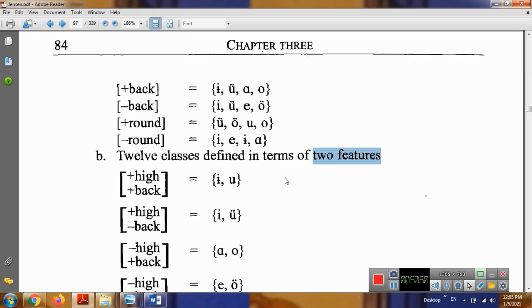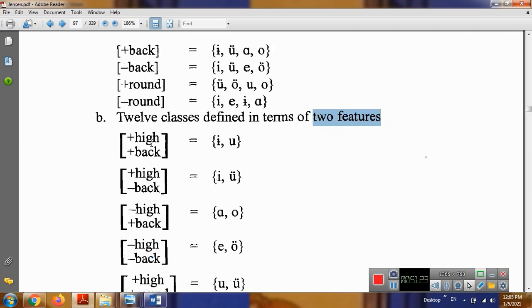In the definition of natural class, we say that the number of features of a natural class is one fewer than the features needed for the definition of any one member. For example, in Turkish, we designate one vowel according to three features, and when we define the sound according to two features or one feature, we say that we have a natural class.